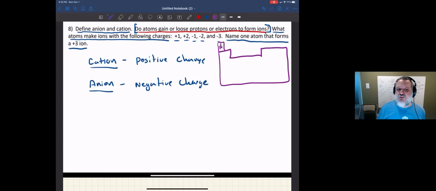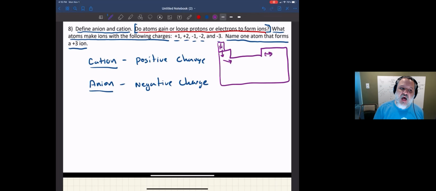So if I lose or gain protons, then I really am changing what atom I'm talking about. So we don't ever really refer to losing or gaining protons unless we're very specifically talking about a type of chemistry that is for general chemistry called nuclear chemistry.